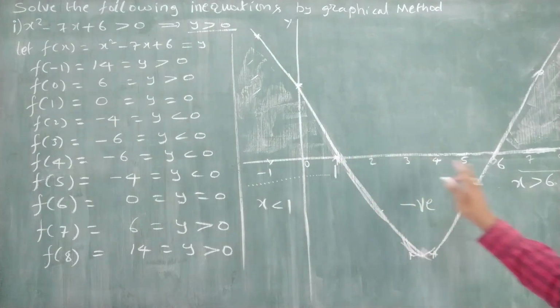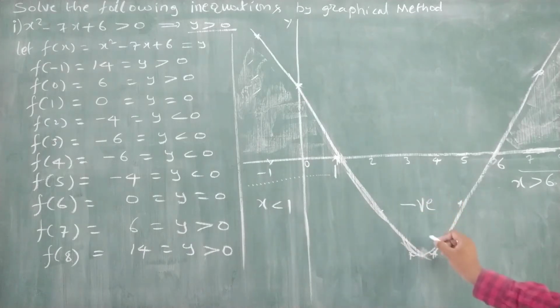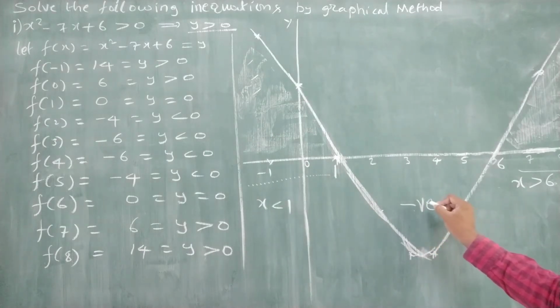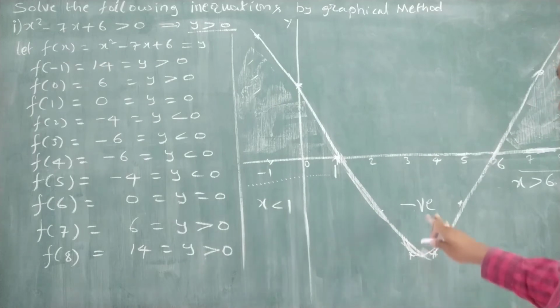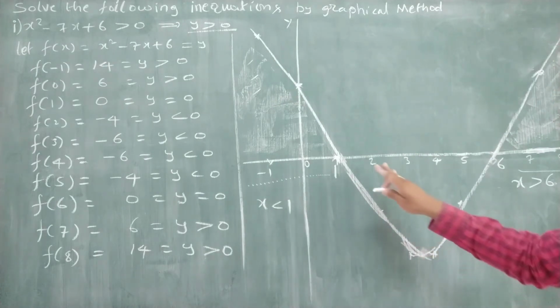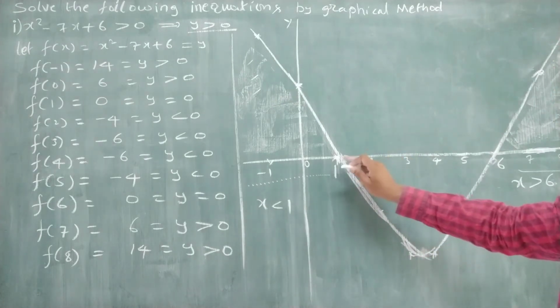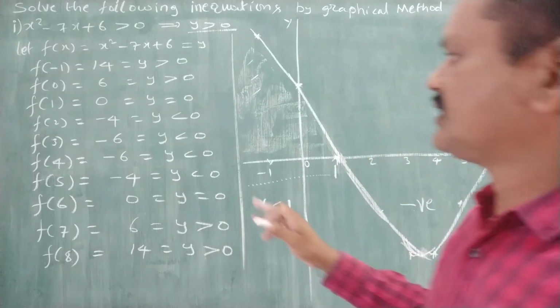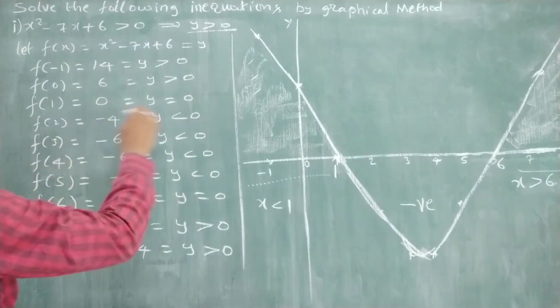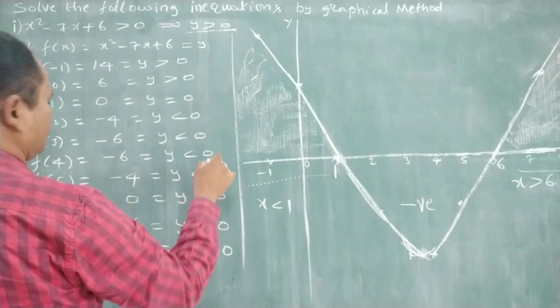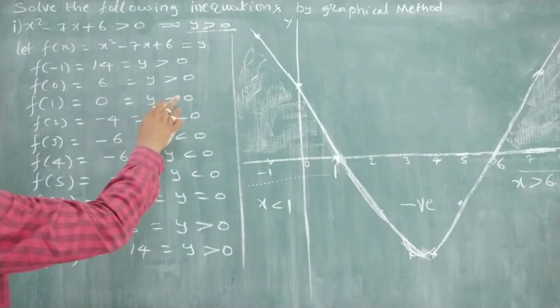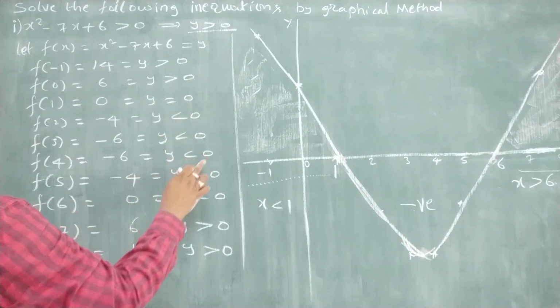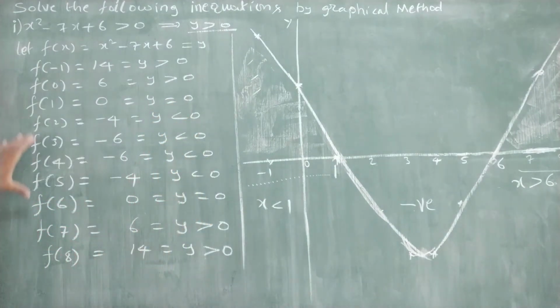The given inequation does not hold for these values. What are the values? 1, 2, 3, 4, 5, 6. At these values it is negative.